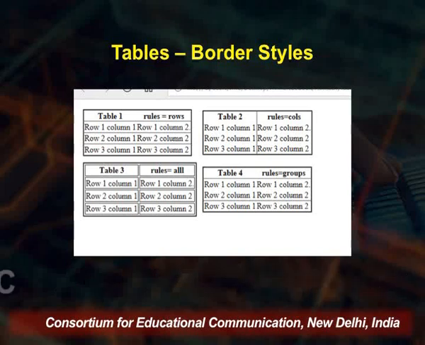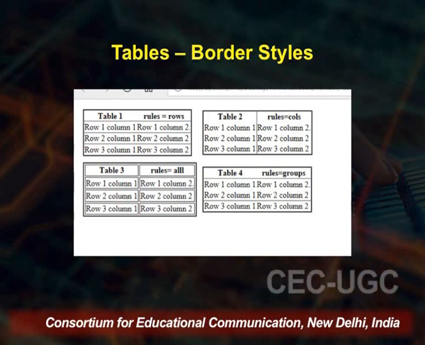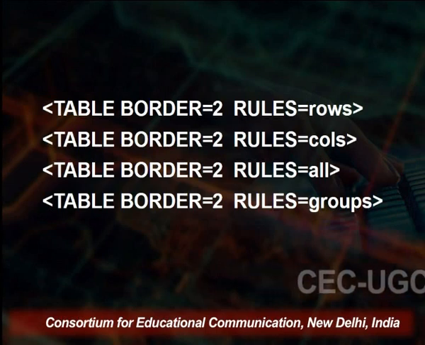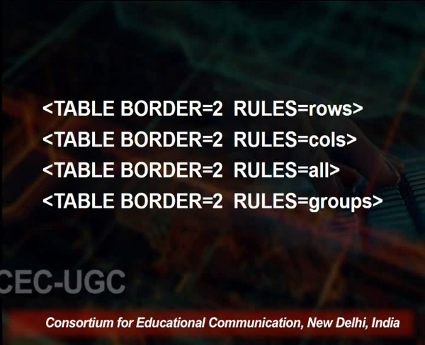This kind of structure or grid lines can make your table easier to read, particularly when you are using rules equal to groups. You can create the groups and the lines will separate one group from the other. It will make your table really very easy to read for the user, and this is going to add a lot of readability and usability to your page or to your table data.